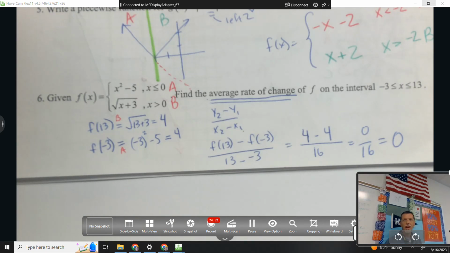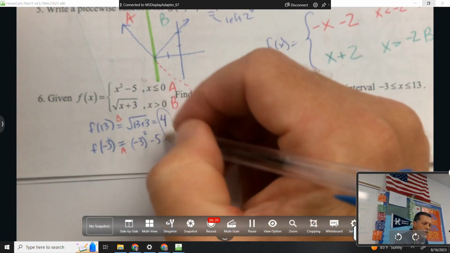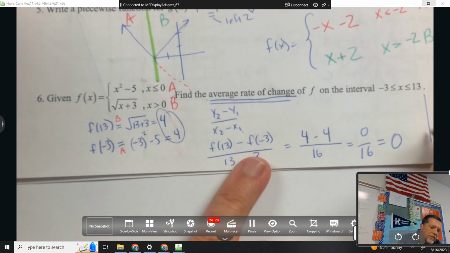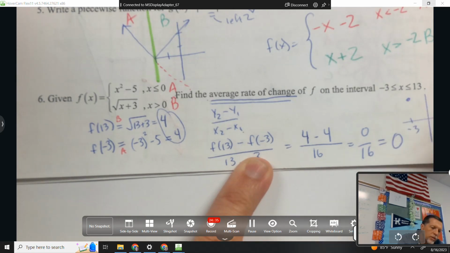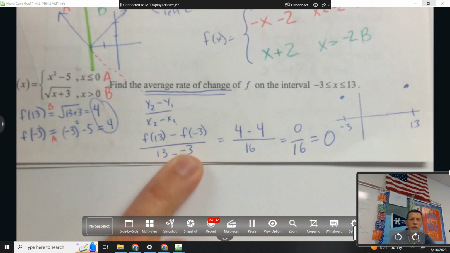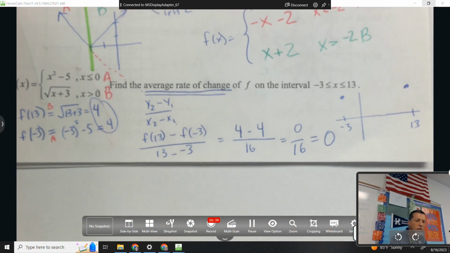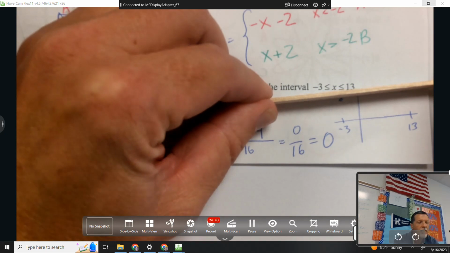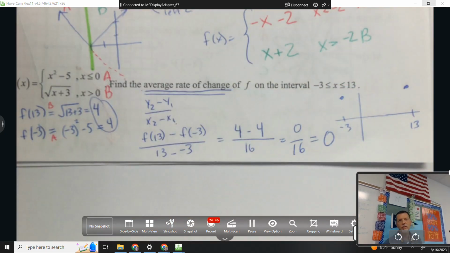Yeah, so it means that's flat, but it's flat because the two y values were the same. So I don't know what's happening between -3 and 13. But the y values were both 4. So whatever was going on in between there, I don't know. Average rate of change just means, like, draw a line between those 2 points. That slope is 0, so average rate of change is 0.